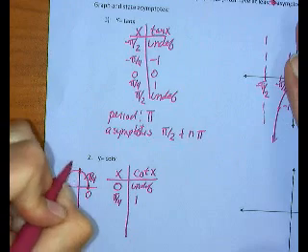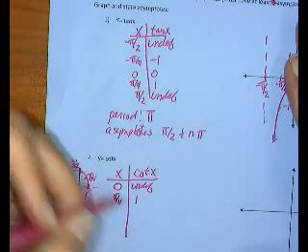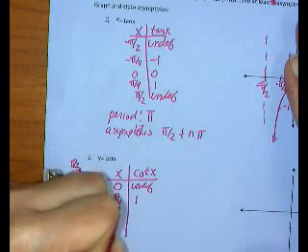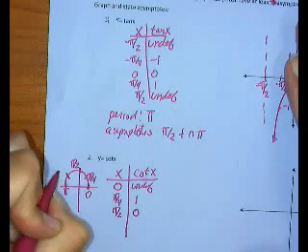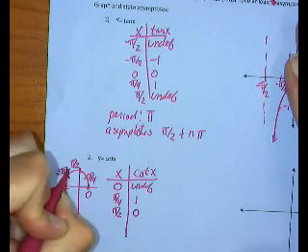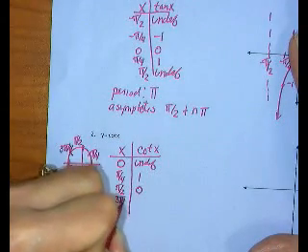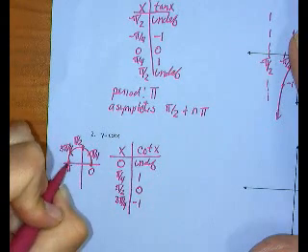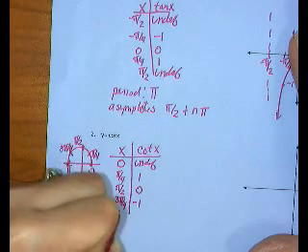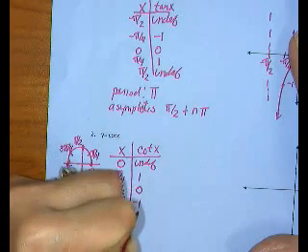If you go to pi over 2, where tangent is undefined, the reciprocal of undefined is actually 0. And then over here is 3 pi over 4, where the value of tangent is negative 1, and the reciprocal is negative 1. And then when you're back at pi, the reciprocal of 0 for tangent at pi is undefined.